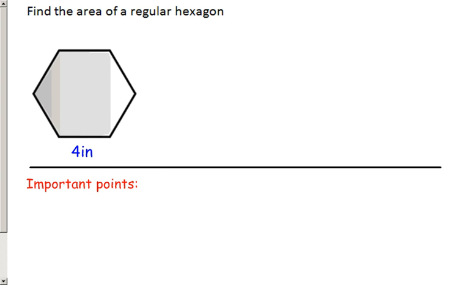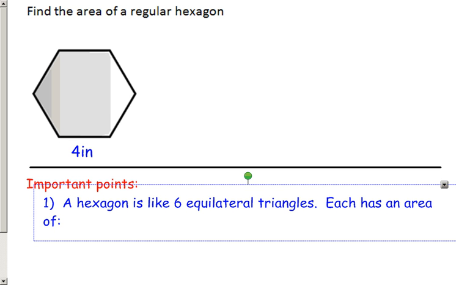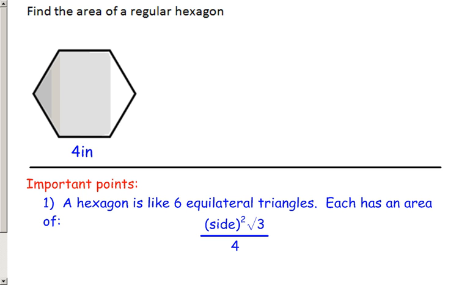The area of a regular hexagon. The important thing to remember is that a hexagon is like 6 equilateral triangles, each having an area of side squared root 3 over 4. When I break this down, it breaks into 6 equilateral triangles, and the side is 4.